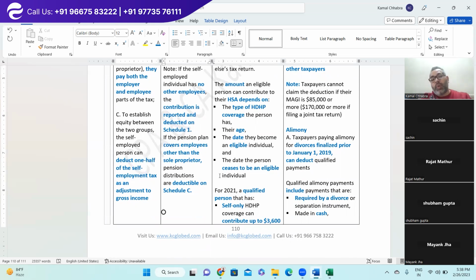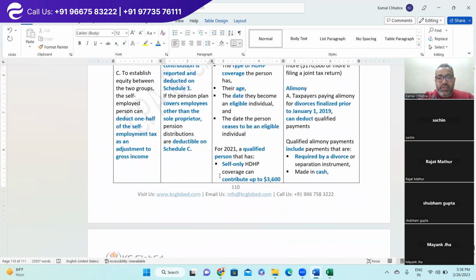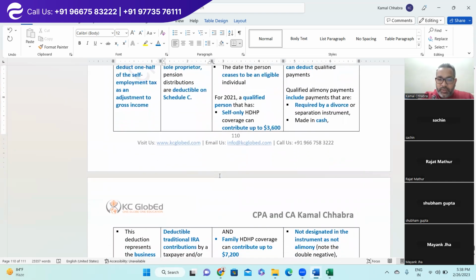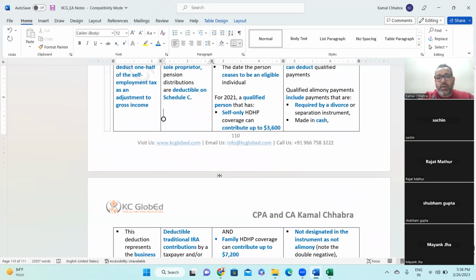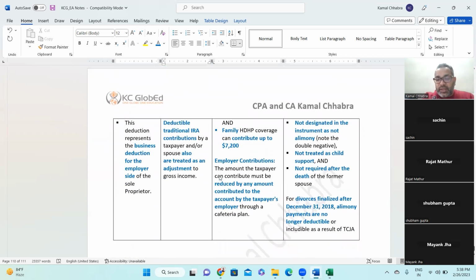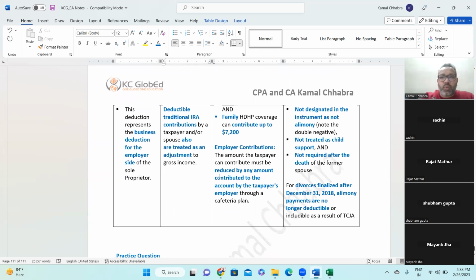For 2021, the qualified person that is self-employed can deposit or contribute up to 3,600 for himself, and if he or she wants family coverage, then up to 7,200 they can deposit. So employer contribution, the amount the taxpayer can contribute must be reduced by any amount contributed by the employer.